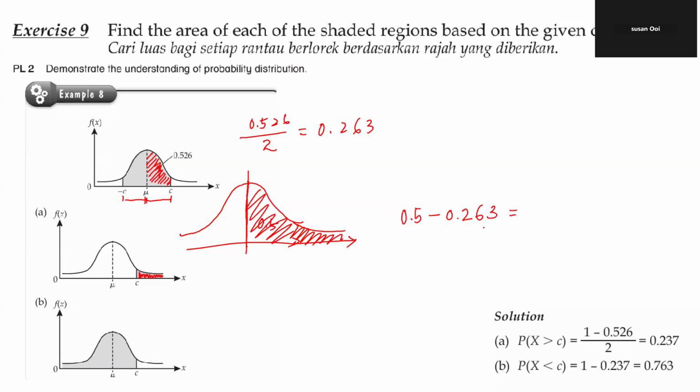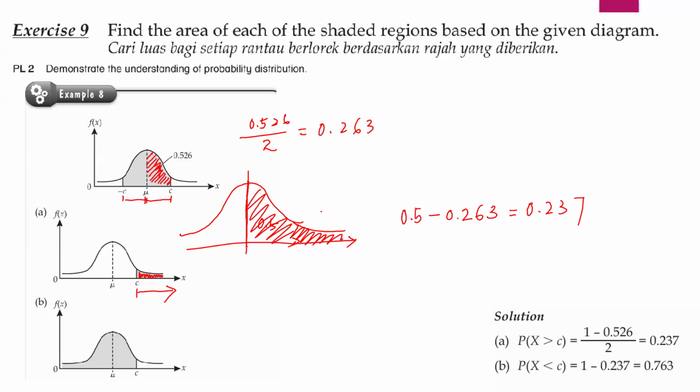Okay, so I'm using the calculator, then I get this one. And this is the probability which is more than C. So the probability where X is more than C is equal to this.